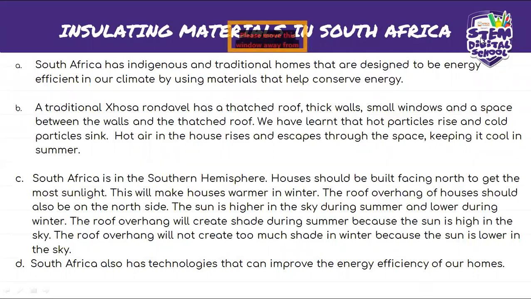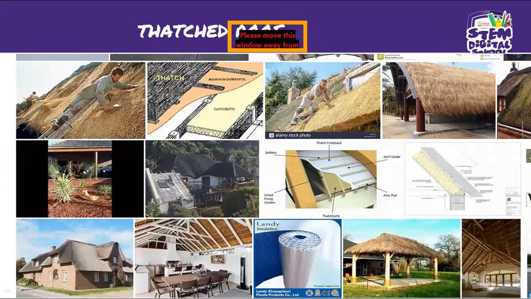Now, somebody mentioned solar panels. That is also one of the technologies I was talking about, which we learned yesterday. We are looking at thatch roofing, thatch houses. These thatch roofings are good in summer and also good in winter.